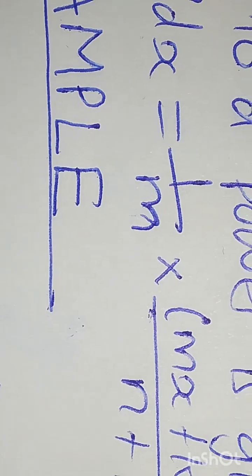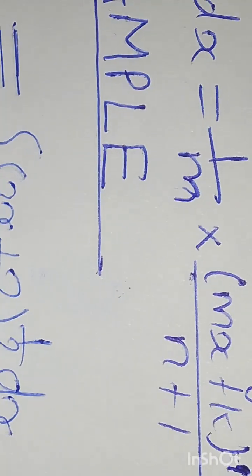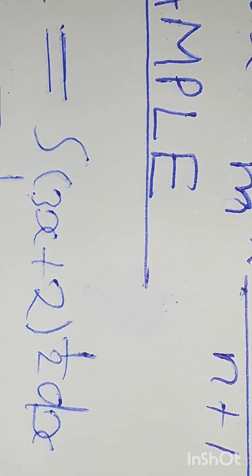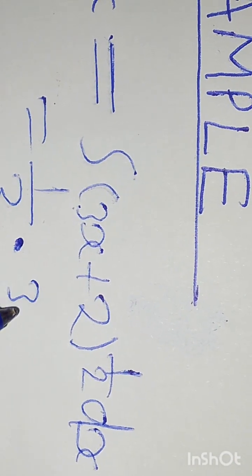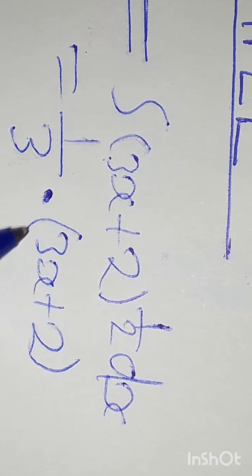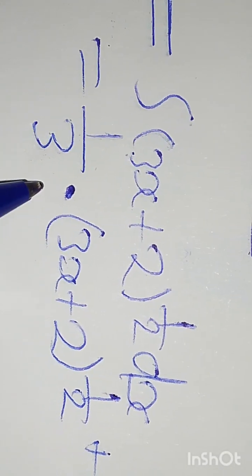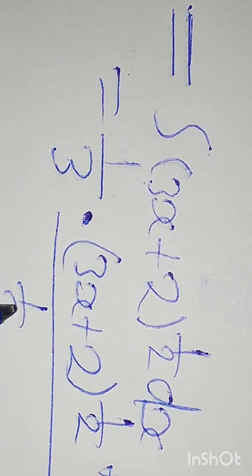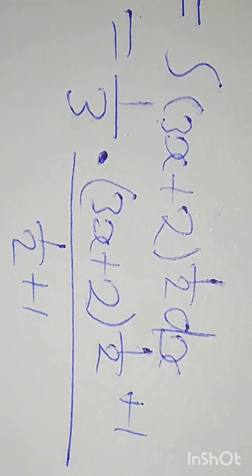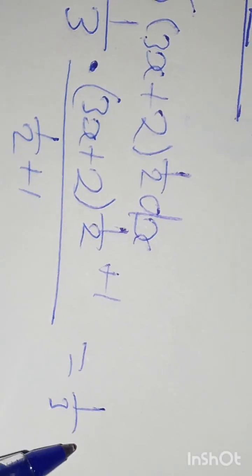Going by the formula, it's 1 over 3 multiplied by (3x plus 2) to the power 1 over 2 plus 1, over 1 over 2 plus 1.